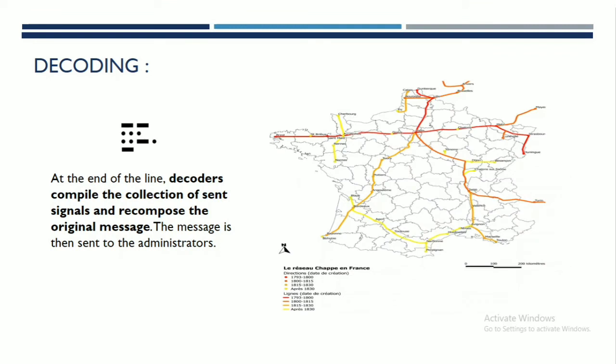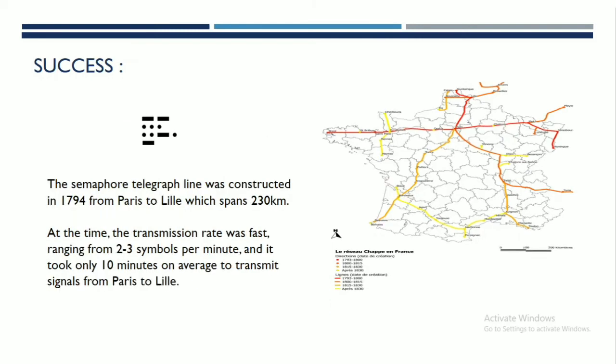At the end of the transmission line, we have the decoders, who collect the signals and symbols and recompose them into the original message, which is then sent to the administrator.